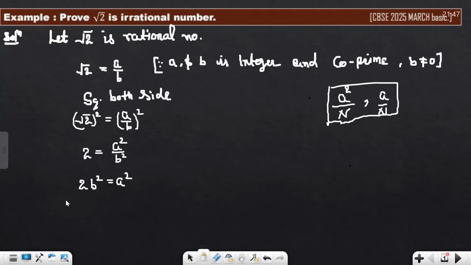What does it mean? If 2b square is equal to a square, so what do we write?